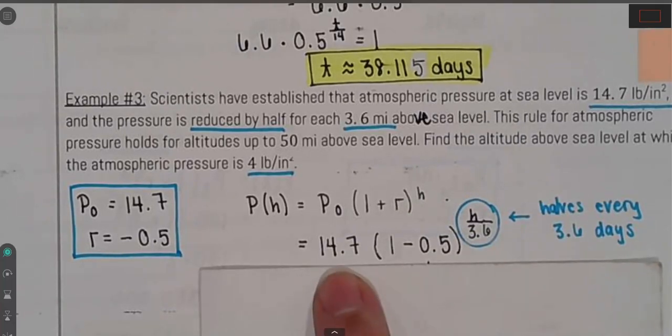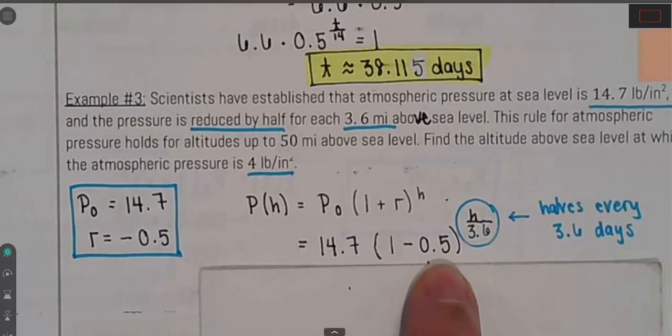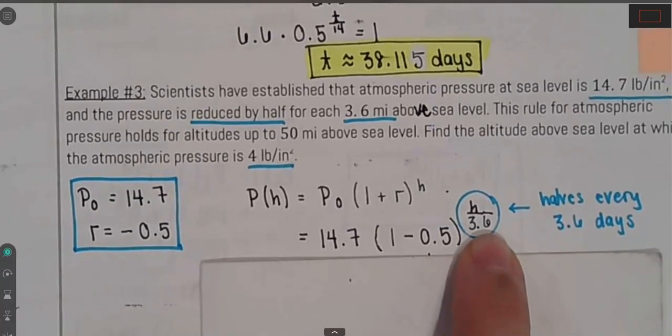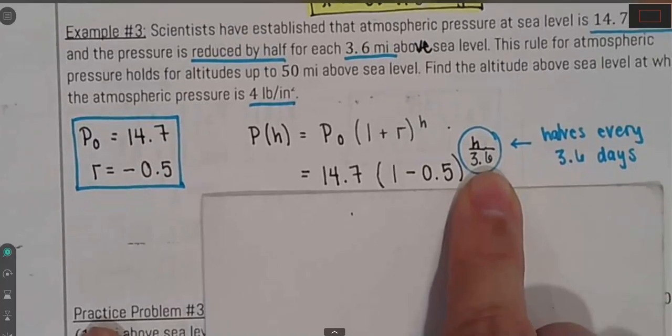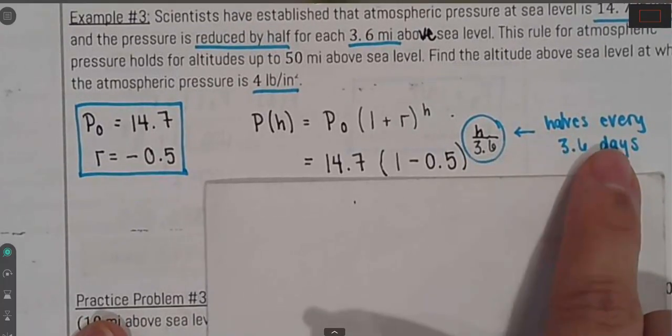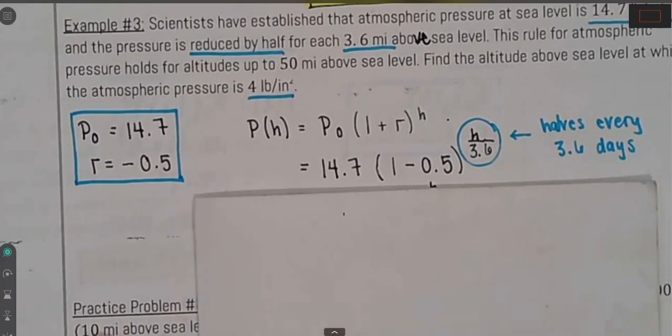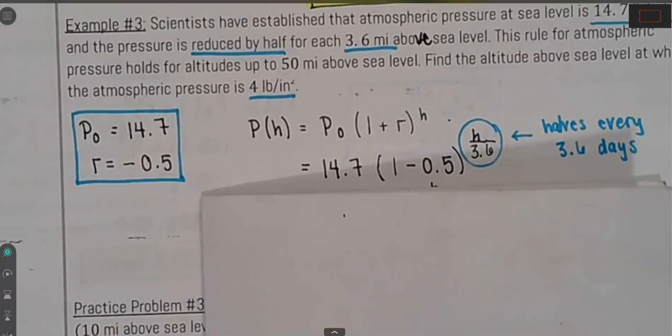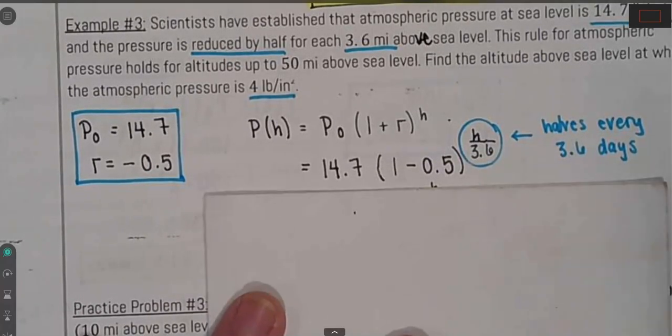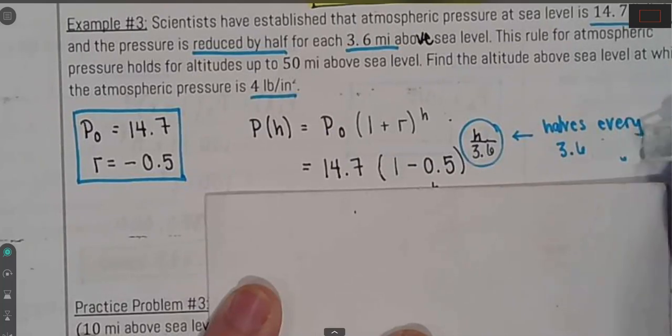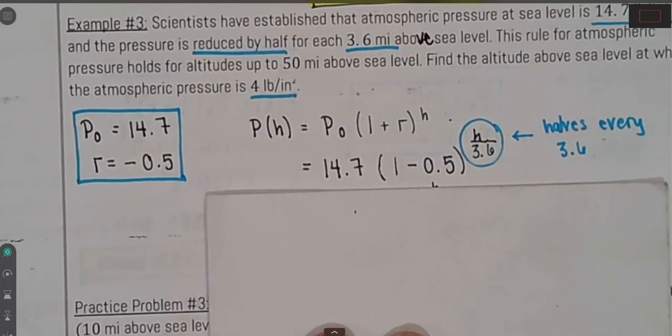We're going to plug everything in: 14.7 times 0.5 raised to the h over 3.6 power. This is because it halves every 3.6 miles. I put days, sorry.